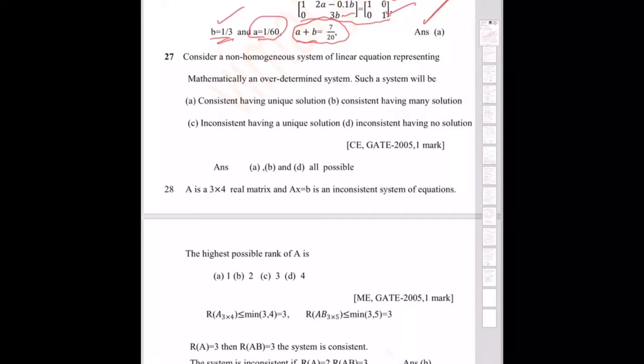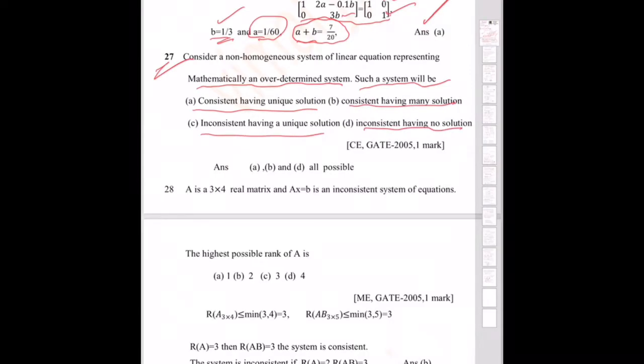Then 27th question. Consider a non-homogeneous system of linear equations representing mathematically an overdetermined system. Such a system will be, this is A, this is B, this is C, and this is D. Consistent having a unique solution. This is true, A is true.